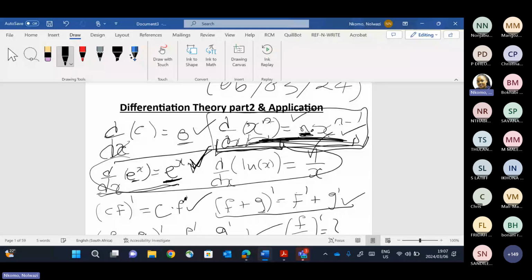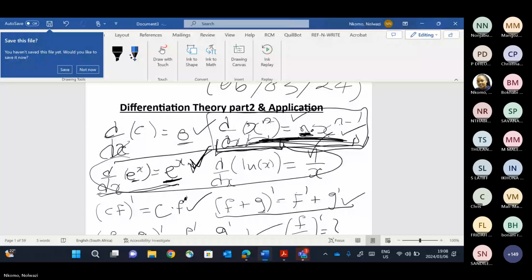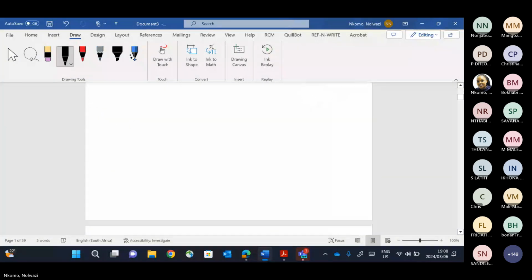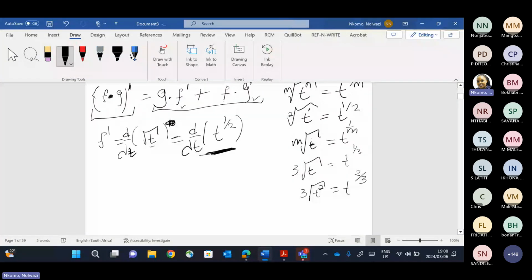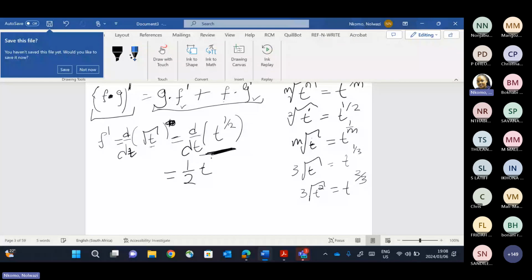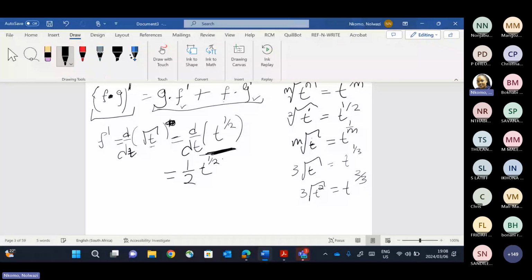So we'll have half times t to the power half minus 1. And this is the same thing as 1 over 2 times t to the power minus a half. We can leave it like this.